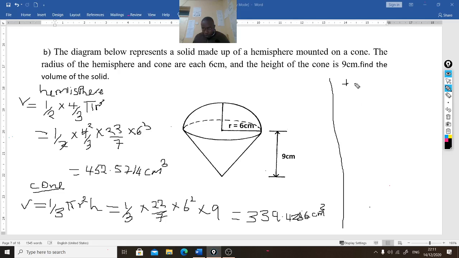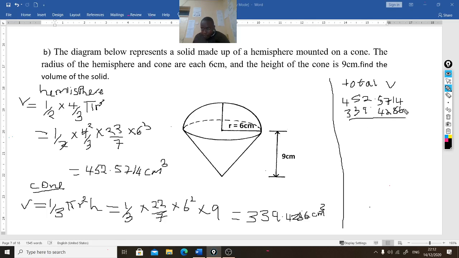The total volume will be equal to 452.5714 plus 339.4286.